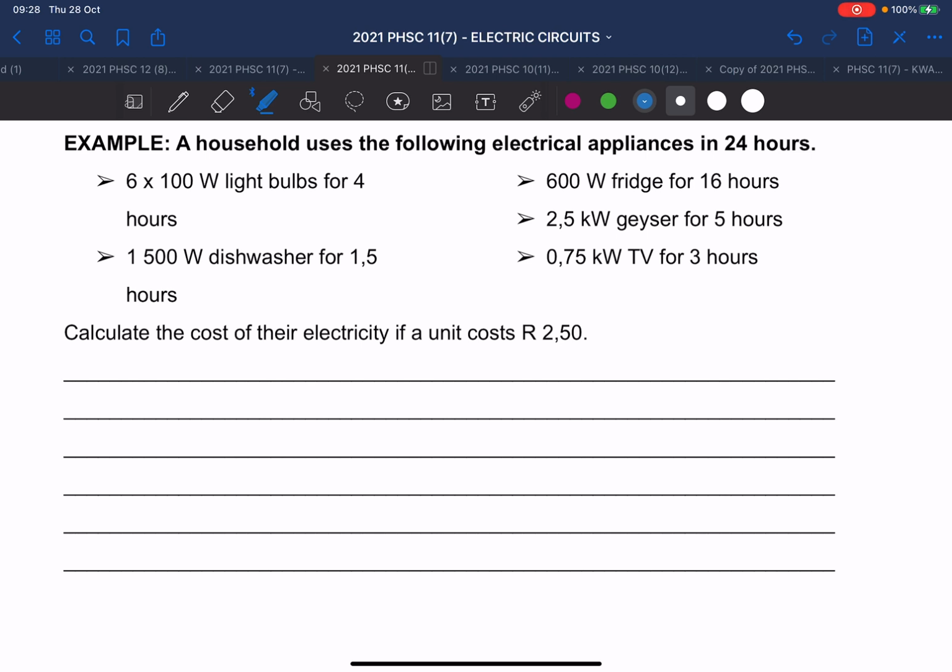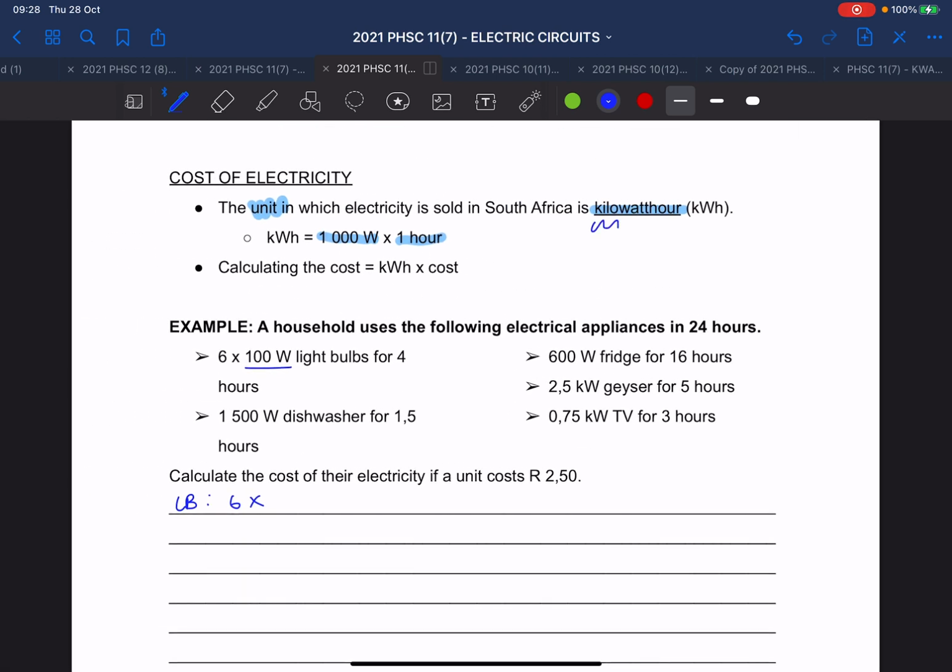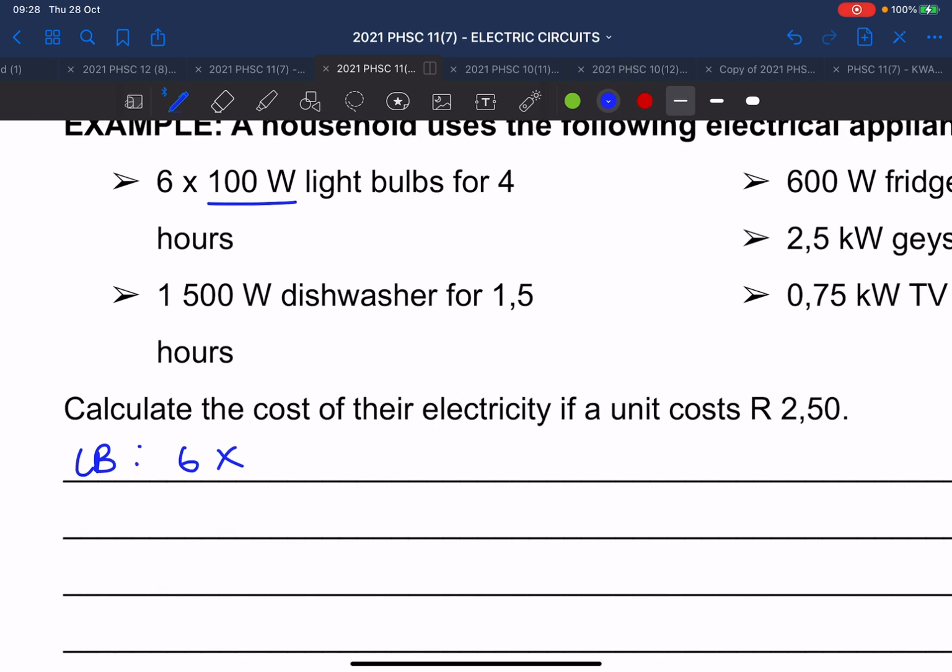Alright, anyway, so we have there for the light bulbs, I'm just going to abbreviate a bit. Light bulbs, we have 6 times, now they say there 100 watts, but our units are in kilowatt. How do we go from watts to kilowatts?